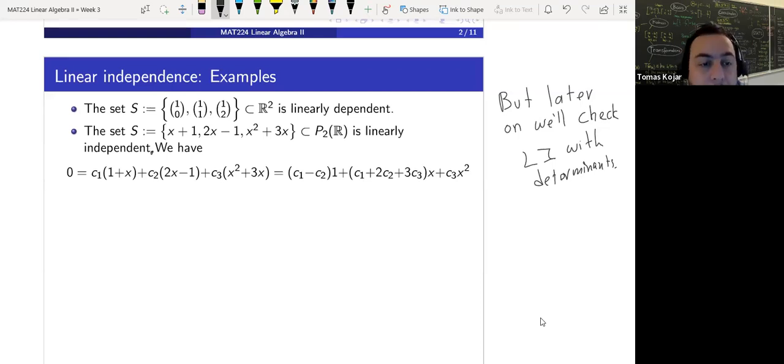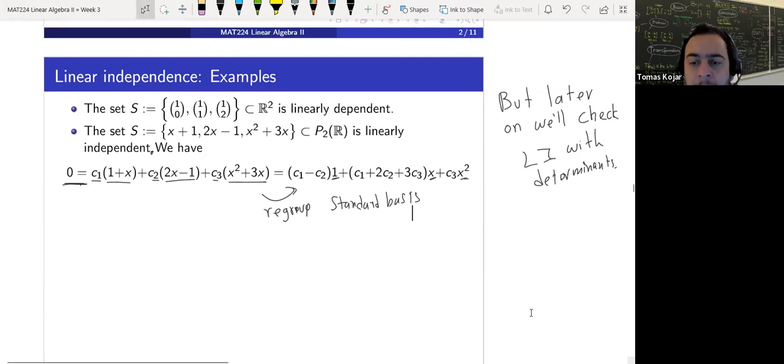All right. What do you do? You write C1 times your first vector, C2 times your second vector, and C3, and you set them to 0. Okay. You regroup in terms of the standard basis.